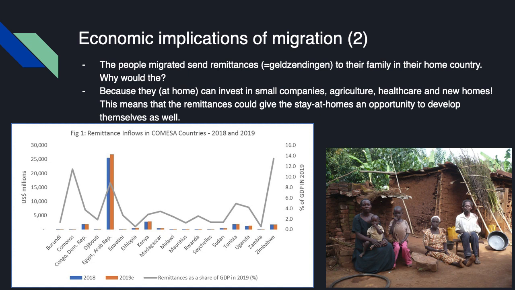And if you look at the graph, you can see the remittance inflows in COMESA countries, which are certain countries in Africa, and you see that, for example, Egypt has an enormous amount of remittances from abroad. So you could wonder, why is that happening?